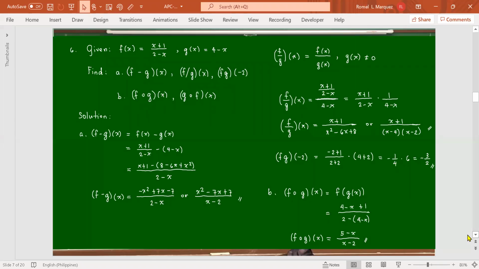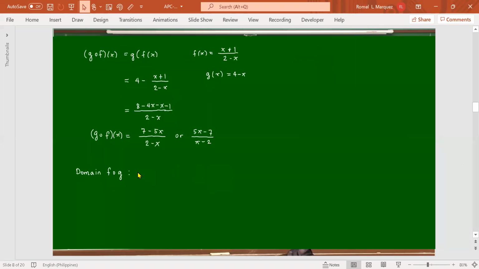To get the domain of F circle G, it is the domain of the simplified F circle G intersection with the domain of the G.